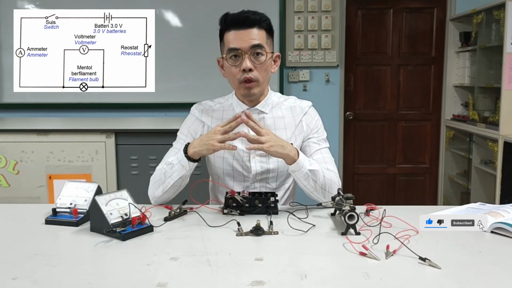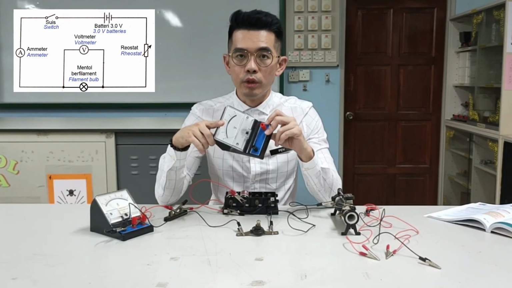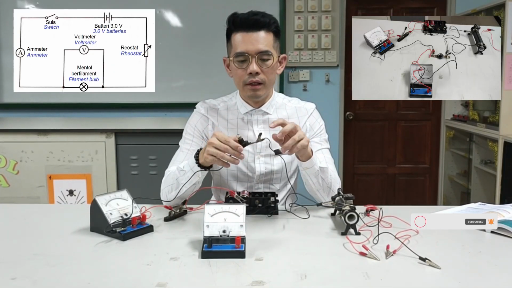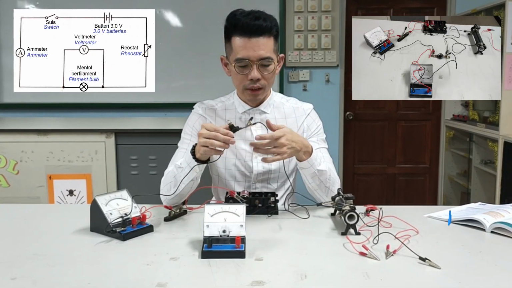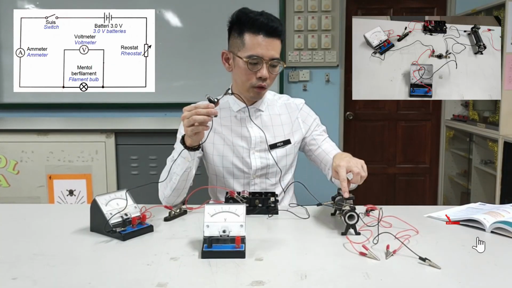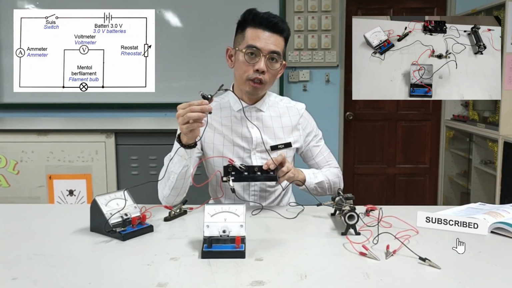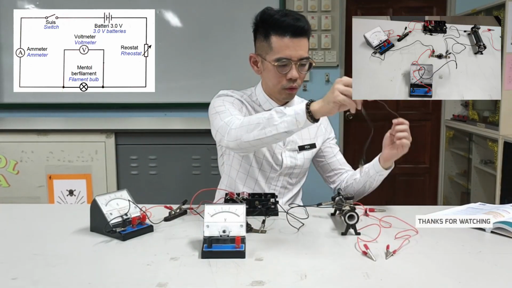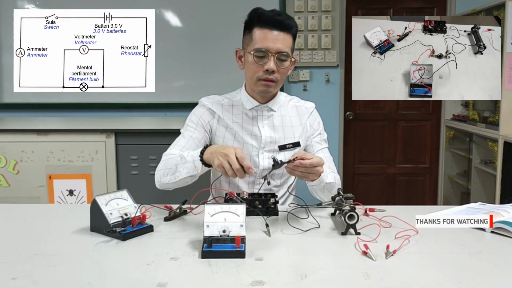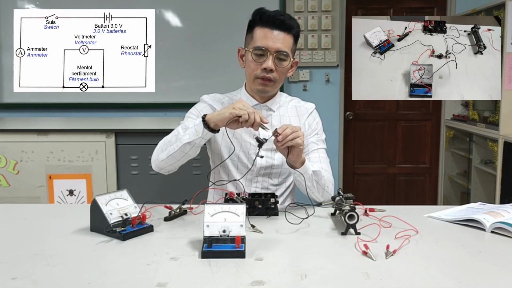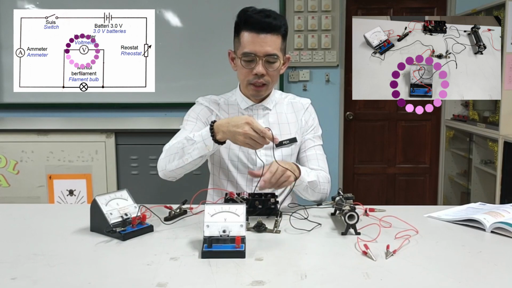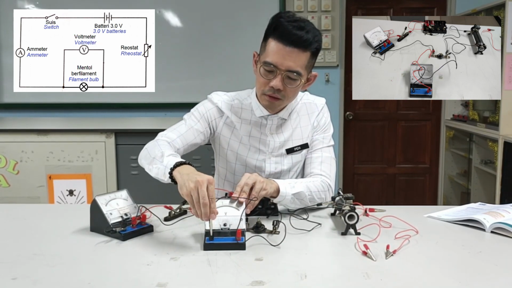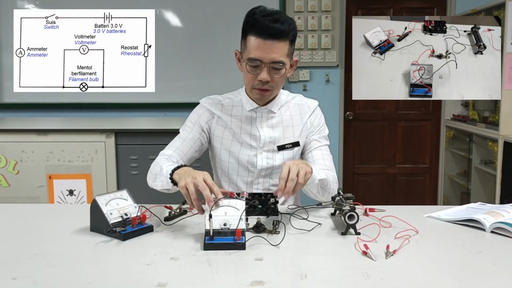Now let us continue to the connection of the voltmeter, which is parallel to the circuit. You can see the left side of the bulb holder is connected to the negative terminal of the battery. So we need to connect the left side of the bulb holder to the negative terminal of the voltmeter, which is the black button of the voltmeter.